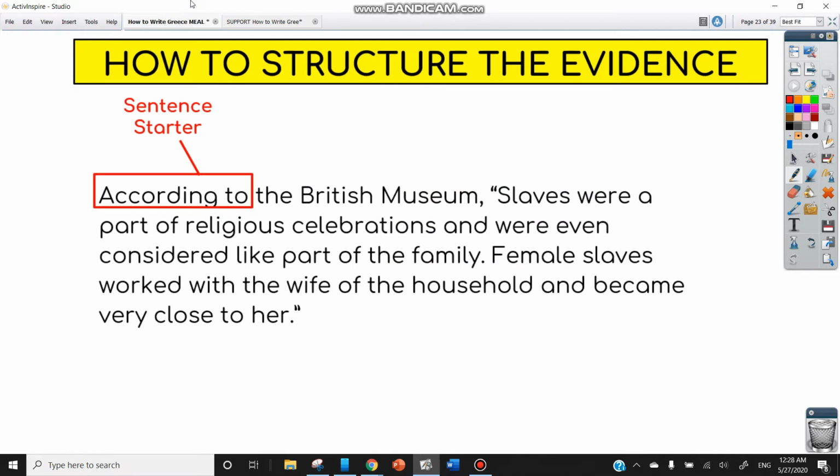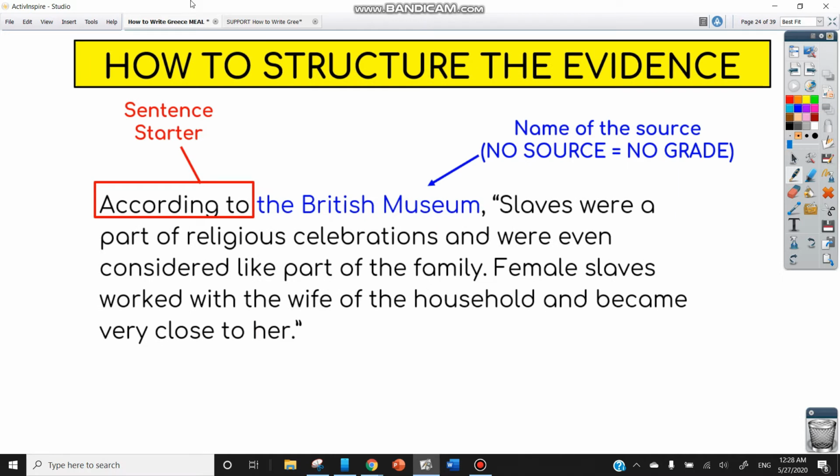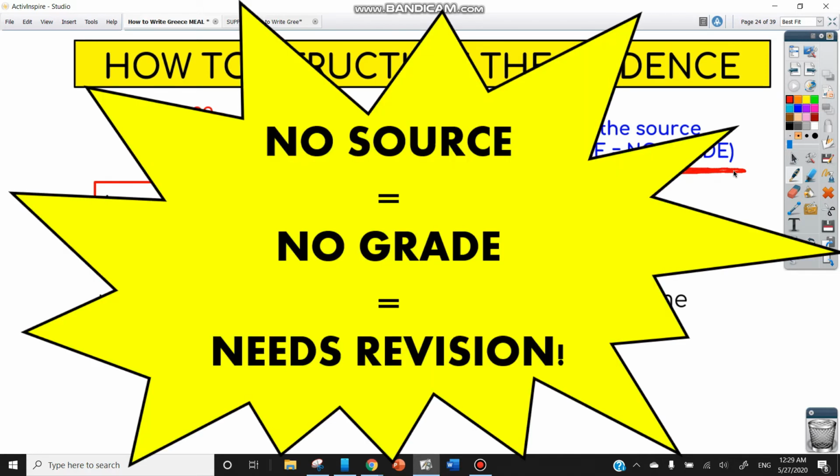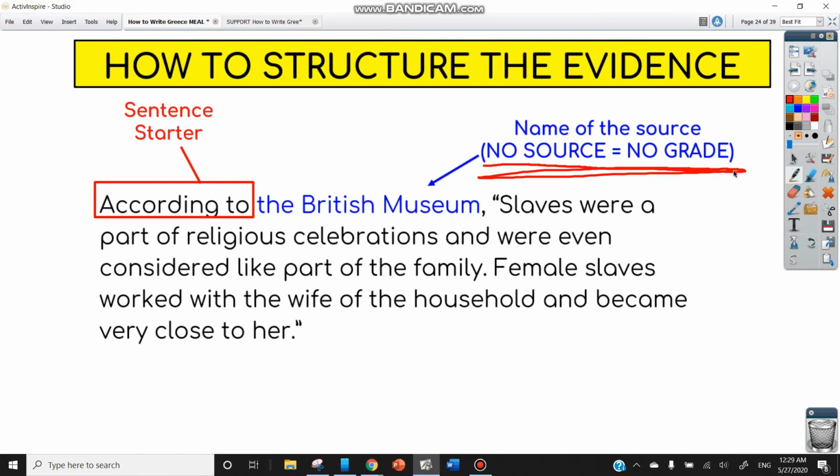Now, right after the sentence starter, you need to include the name of the source. Okay, so right there, you see that in this example, the name of the source is the British Museum. I cannot stress this enough. If you do not have the source, you will not receive a grade for this outcome, and it just affects your overall grade. It is very important when you're doing work that is based on information that you researched.